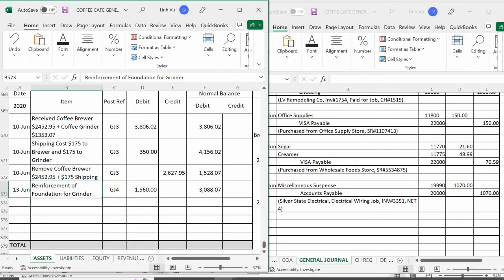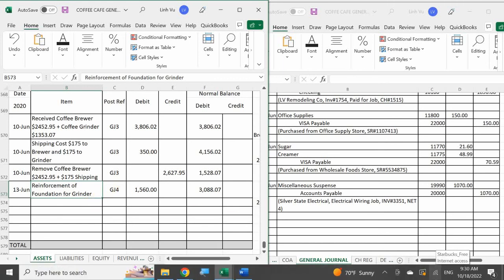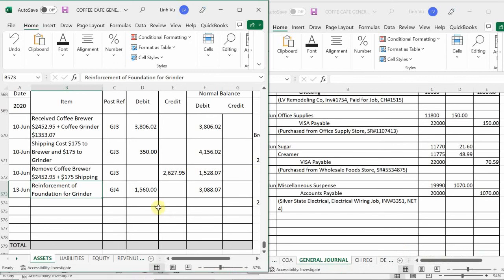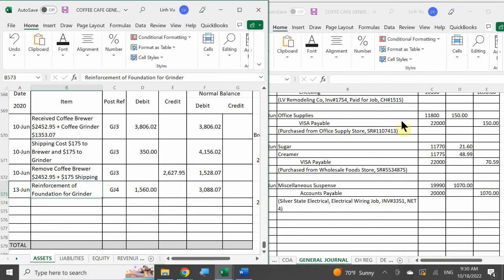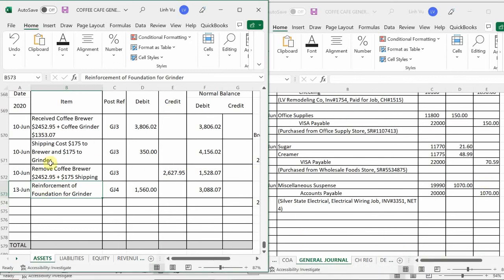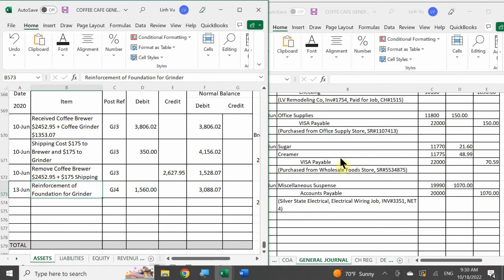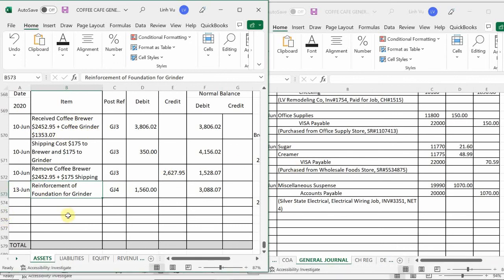In this case, your bill does not matter because you can choose whenever you want to pay for it, right? But in this case, I'm tacking on this item as part of my asset. You need to do this step first before you can move it from your miscellaneous expense to your coffee grinder account. Okay, because we don't even know what my grand total for my coffee grinder is.